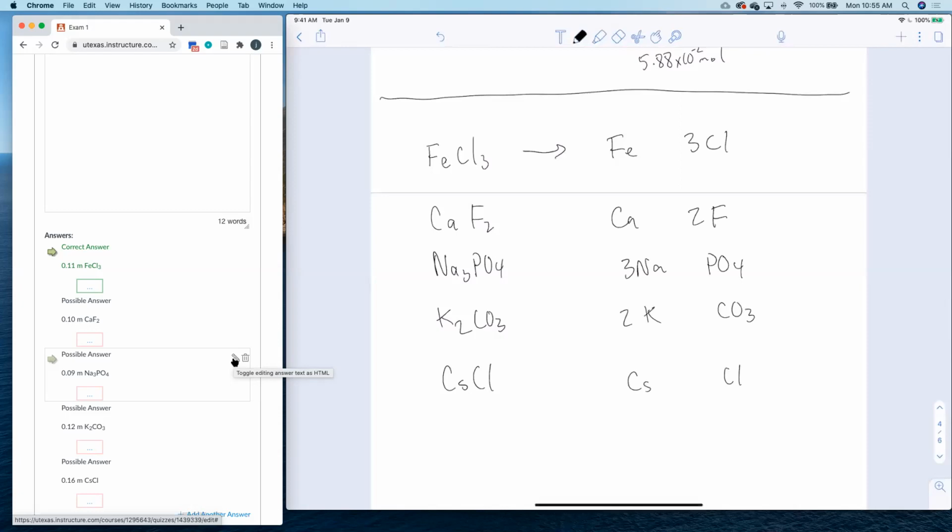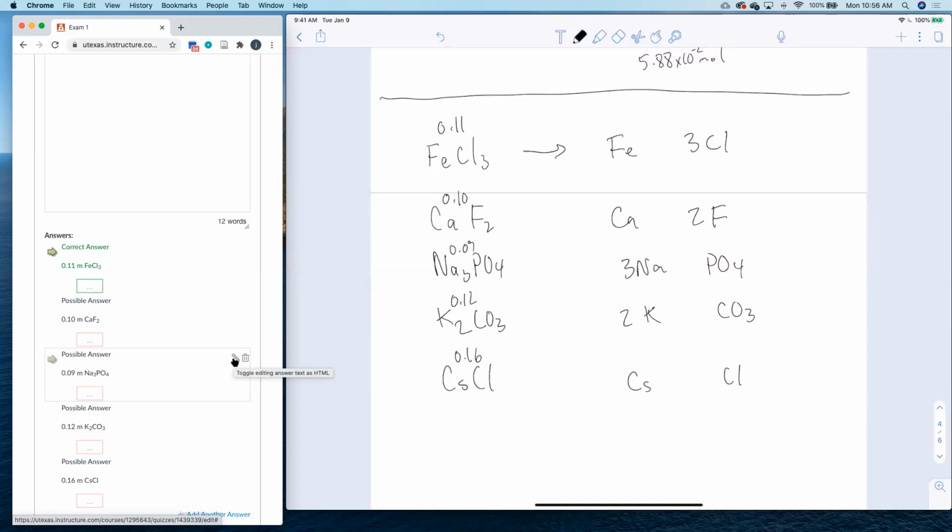For this first one, you start with 0.11, 0.10, 0.09, 0.12, and 0.16. So you're looking at the Van't Hoff factor for each of these.